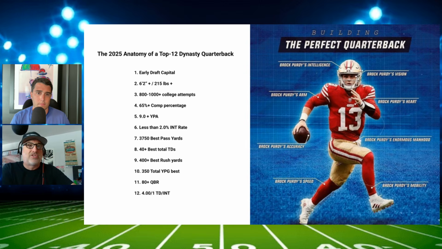Bo Nix and Purdy are similar in that way, where they were really highly touted players that just got lost in the shuffle as things went by because they're not prolific. They're not big-armed, fast guys. They're not a scout's dream. So these guys get pushed aside, but really at the quarterback position, the traits don't do it. Now, if you have traits on top of it all, then that's superstardom. But traits don't get it done, as evidenced by Anthony Richardson.